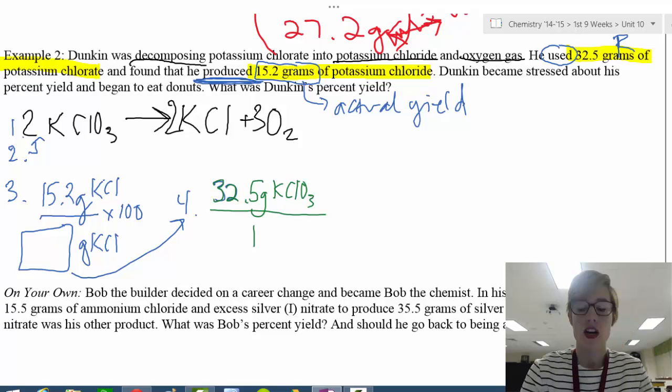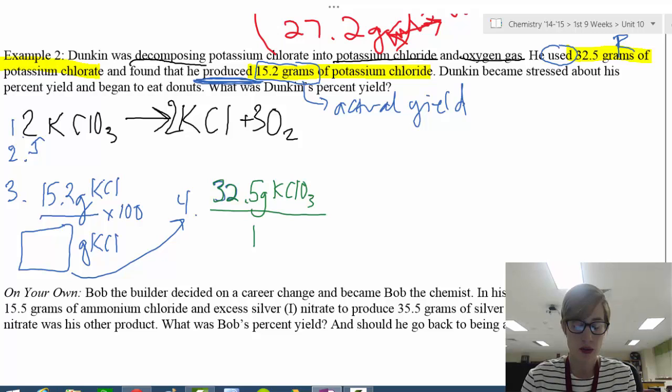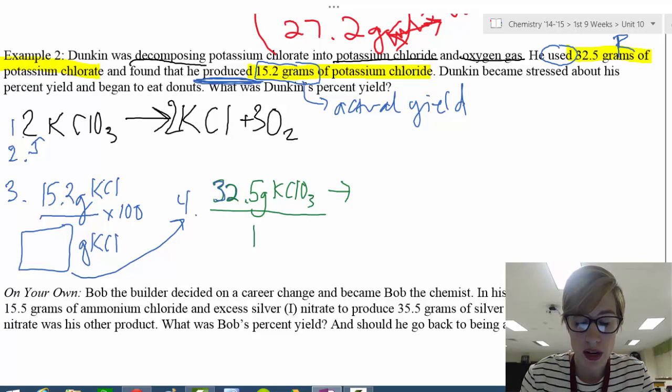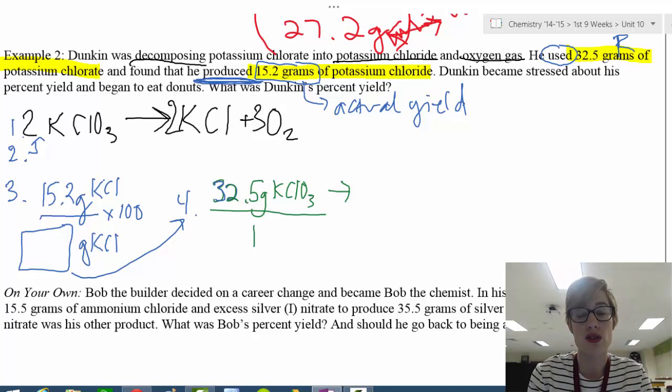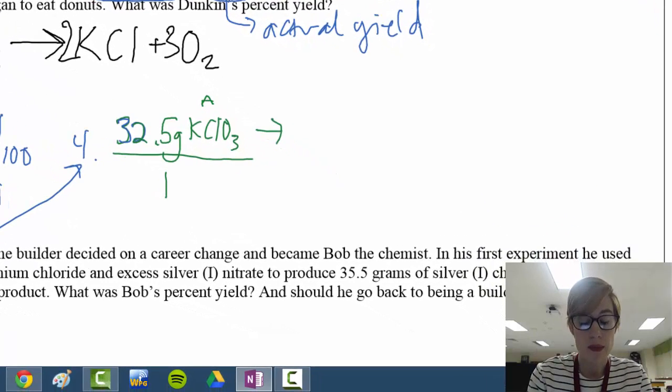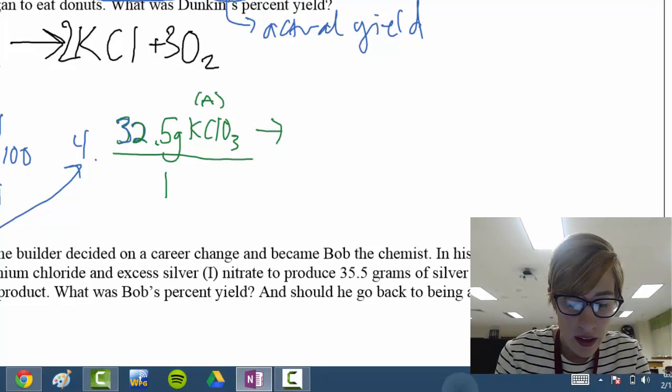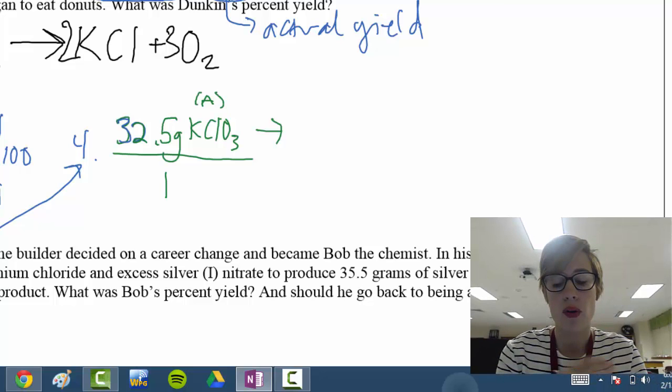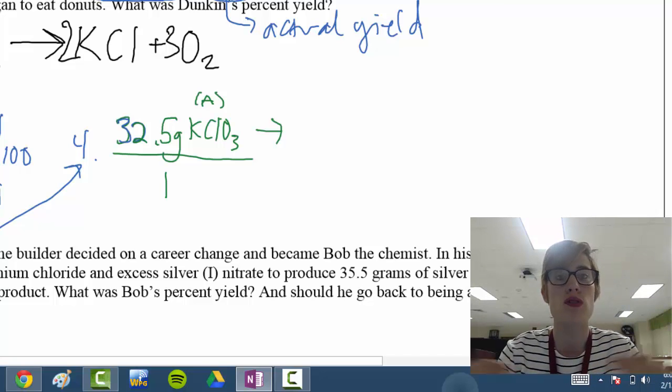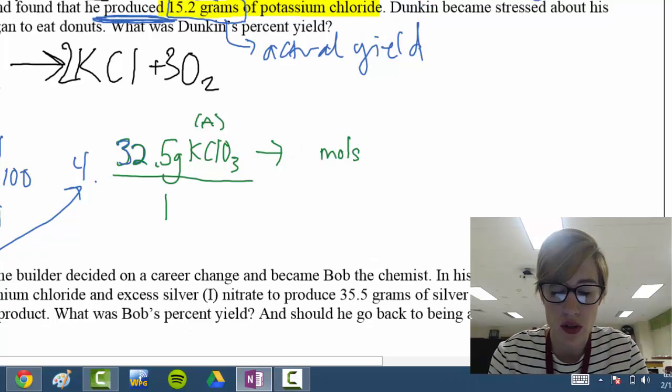Then when you're calculating your product, we're going from grams of potassium chlorate to potassium chloride, which is my product. Okay, so we're tracing our path. This is just now a regular stoichiometry problem. I'm in grams of A, and I'm going to grams of B, which means what do I have to go through first? Moles, right? You always have to go through moles.